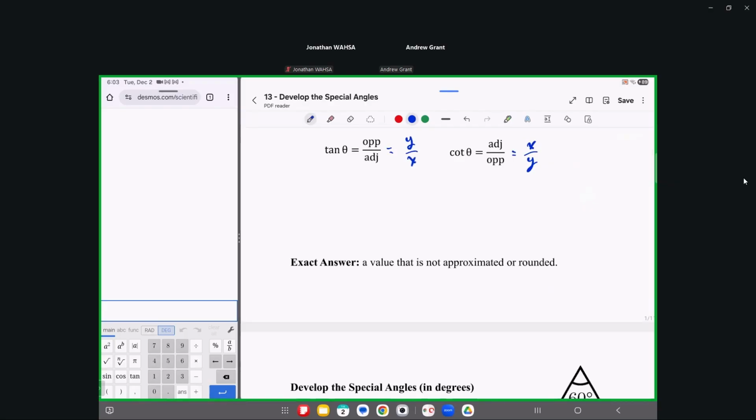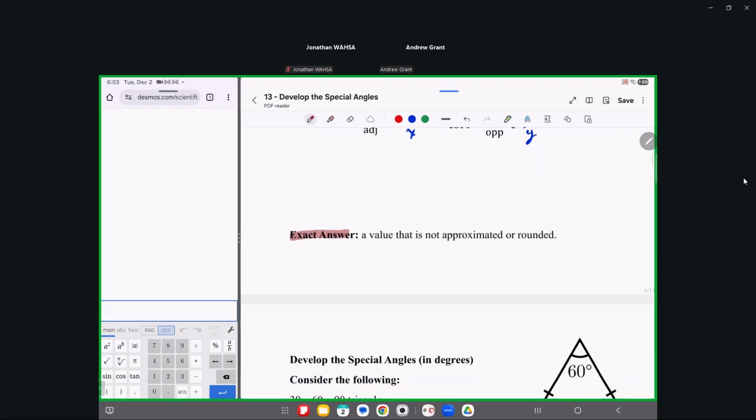And so we do want to, at this point, take our time to go ahead and define what an exact answer is. An exact answer is a value that is not approximated or rounded. So for example, if I were to take, say, 1 divided by 3, this would be equal to 0.33333, repeating forever.